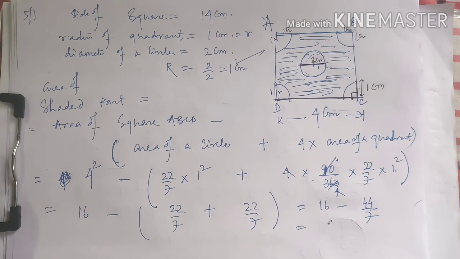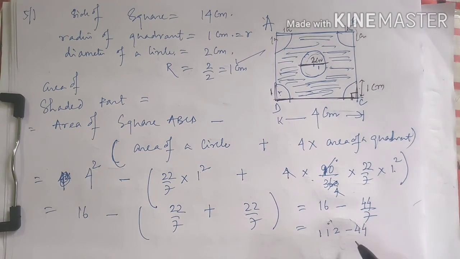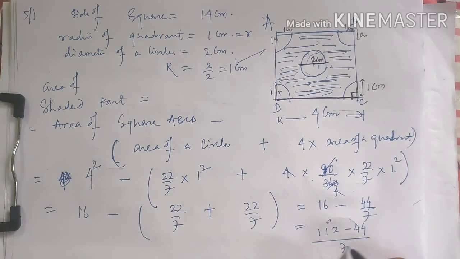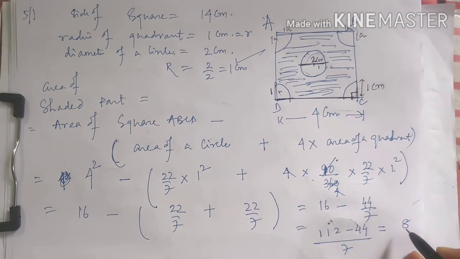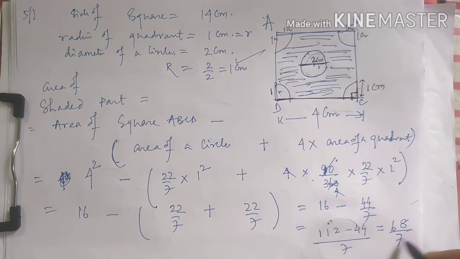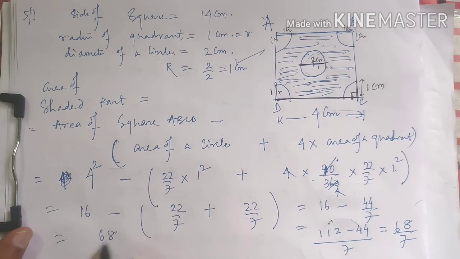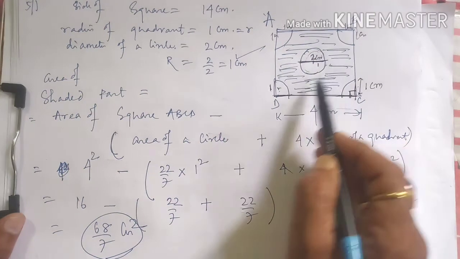Okay, then just subtract those two terms, you will get the remaining part, the area of the shaded part, that is 68 by 7 square centimeter. It is the area of the remaining part of the square, this section.